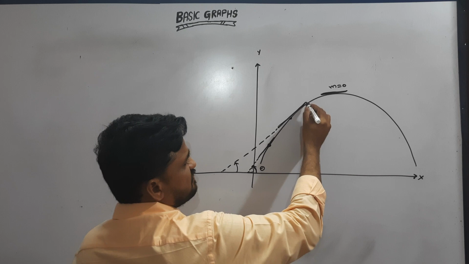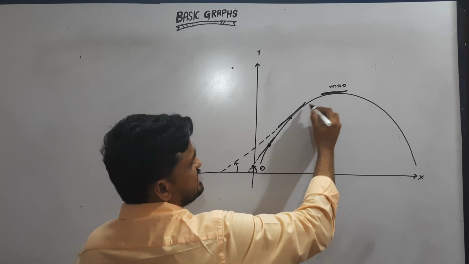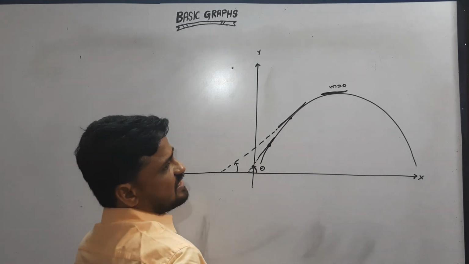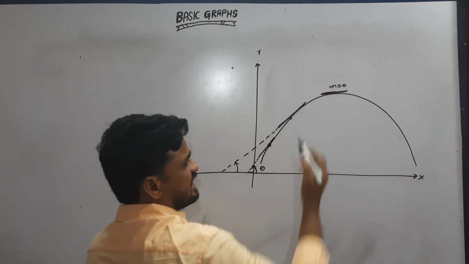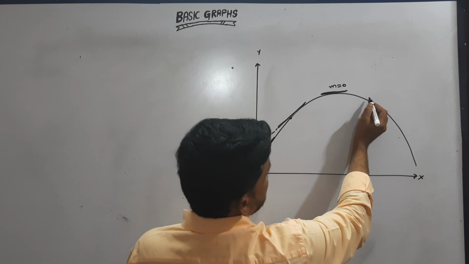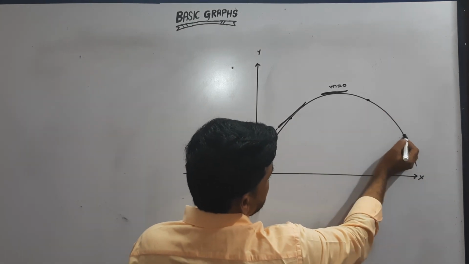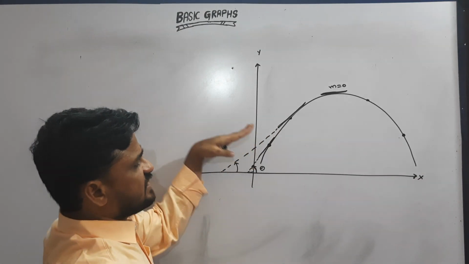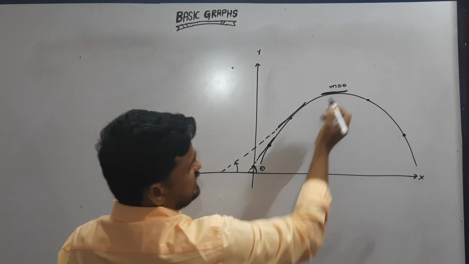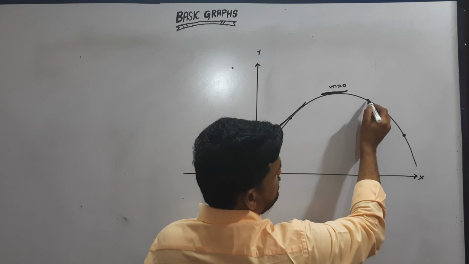Here slope of graph decreases gradually. Here also, while going up, slope of graph decreases gradually, and finally 0, while going down.